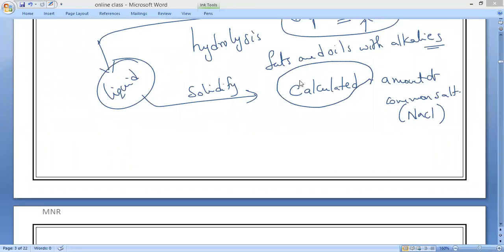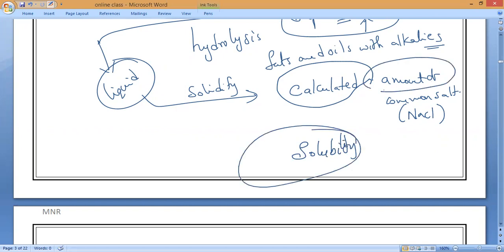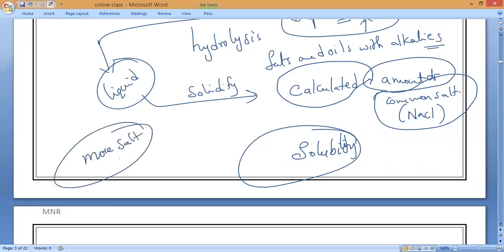Yes, that is called solubility. The solubility of any kind of soap is based upon the calculated amount of common salt. If I add more salt, the solubility decreases.